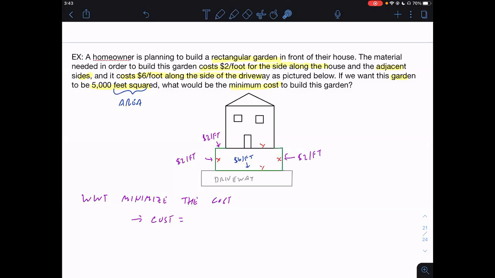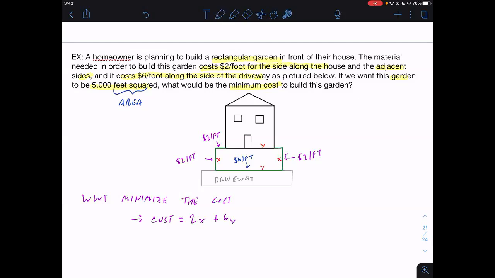In other words, it's going to be 2 times the left side, so 2x, the length of the left side times how much it costs per foot, plus the side on the bottom, where the length is represented by y and costs us $6 per foot, so 6 times y.